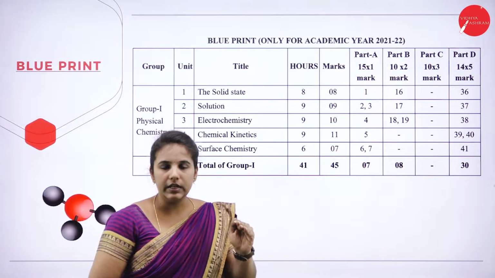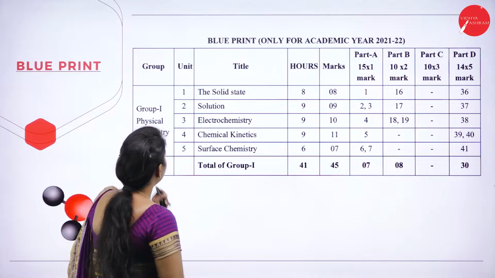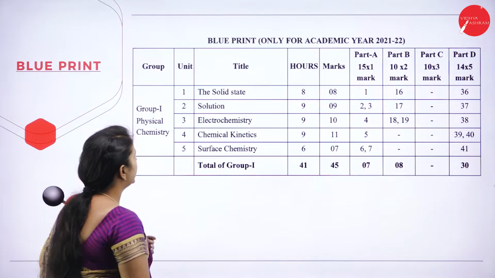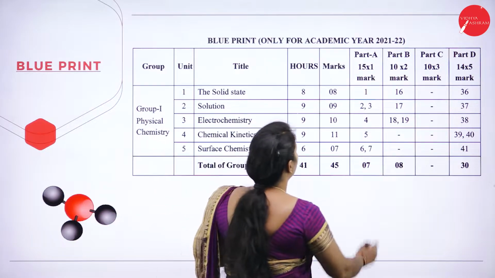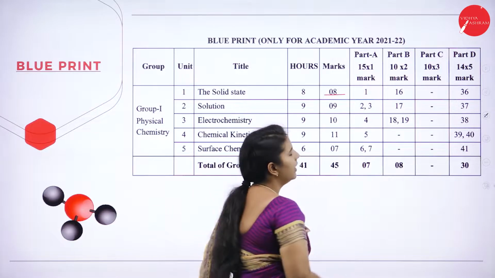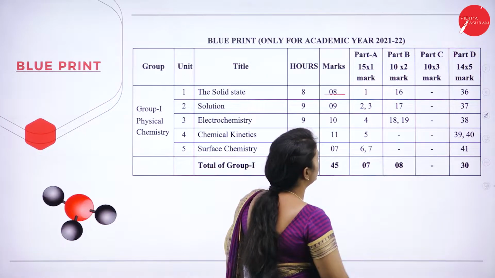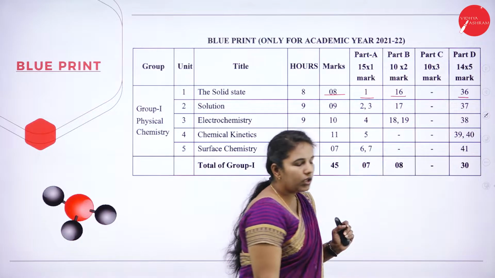Now, we will see chapter-wise how they will distribute the marks. In physical chemistry, that is group 1, the first unit is the solid state and the weightage of this unit is 8 marks. From this unit we can expect one 1-mark question, one 2-mark question and one 5-mark question.